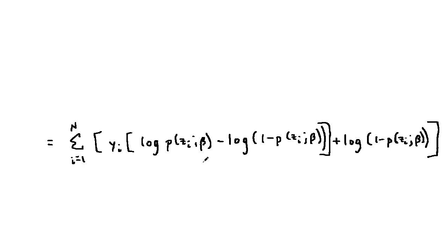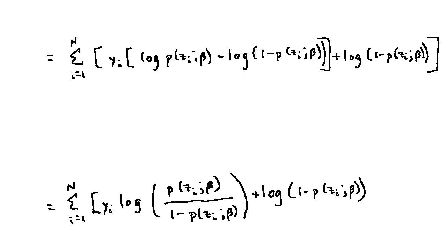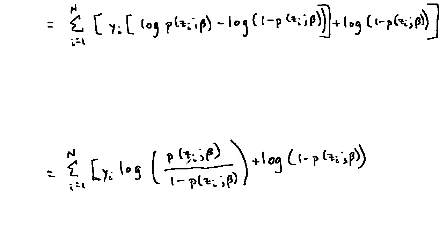Now, look at this part here. We have log of p of zi minus log of 1 minus p of zi. Okay, we can rewrite this as log of p of zi divided by 1 minus p of zi.